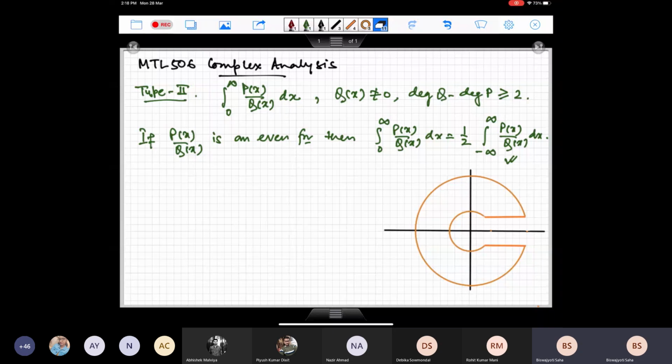Okay, so that's my contour, or you can call it a keyhole contour example.